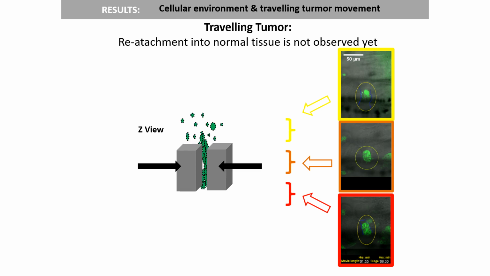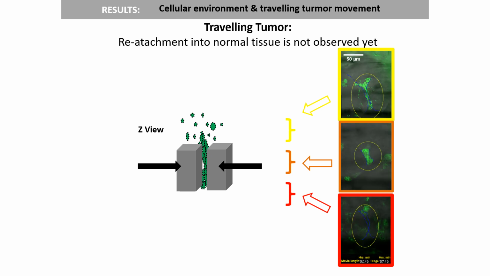So let me show you here on the top. You see that it got squished. Here in the middle, it got squished in this area, and here in the bottom, it got squished.